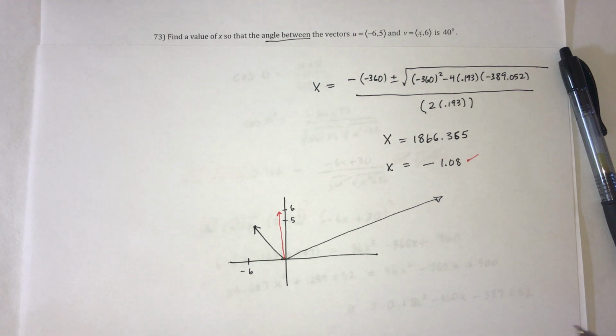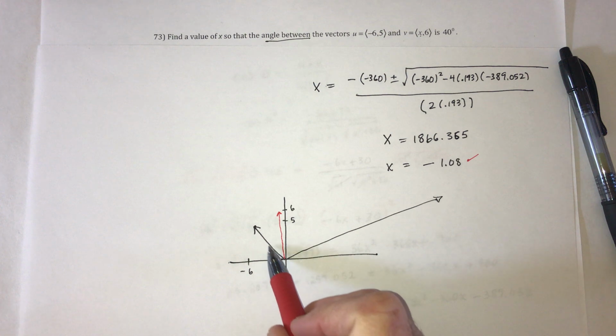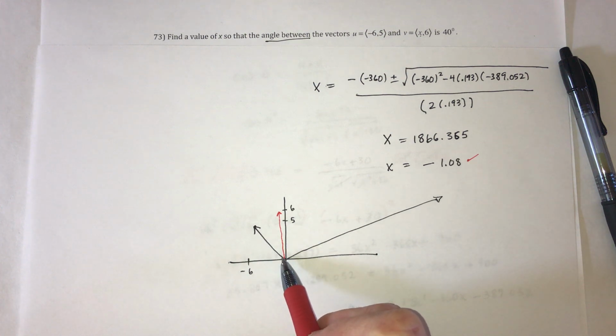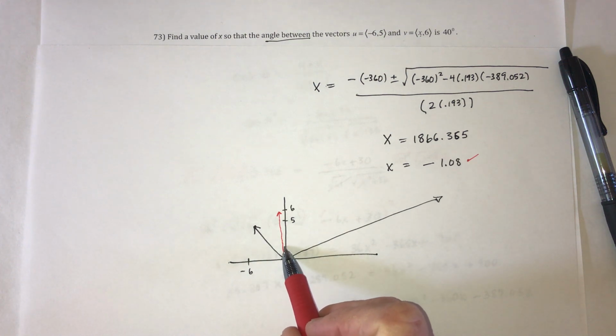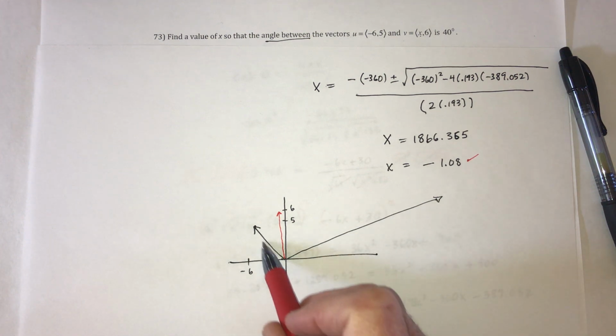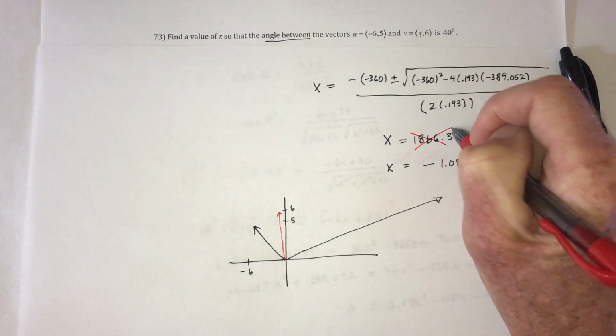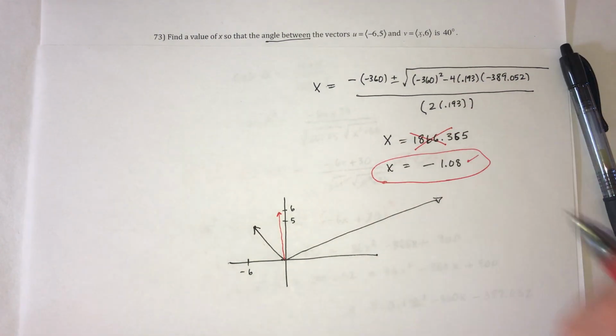And then, actually, now that I look at it, this is going at approximately a 45-degree angle, and this would take just a little bit off of that, so that would be like 40. This one looks like it's almost perpendicular to this one. So I'm saying that this one actually doesn't make sense. This is the final answer.